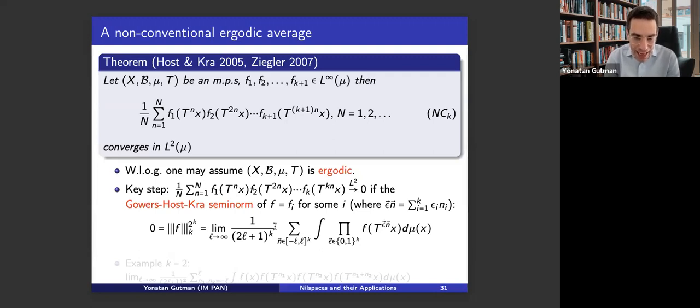And the key idea is to study the sigma algebra where the seminorm becomes a norm. So we have already seen this idea. So this is exactly what it says here, that this expression goes to 0 if the Gowers-Host-Kra seminorm is 0.